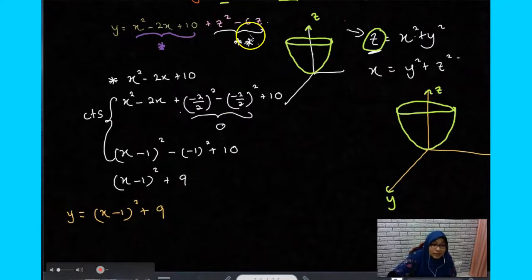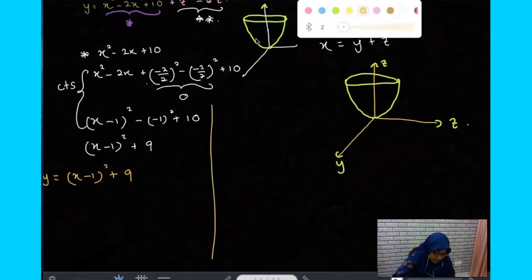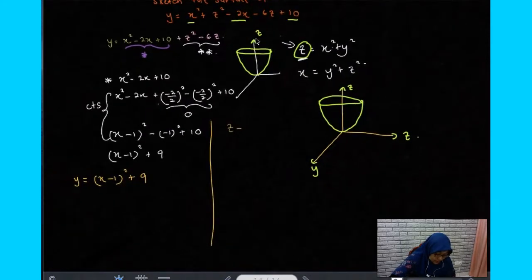Okay, now we finish off the second part, the second term here, double star. So for double star, we have z minus, so this is from double star, z squared minus 6z.